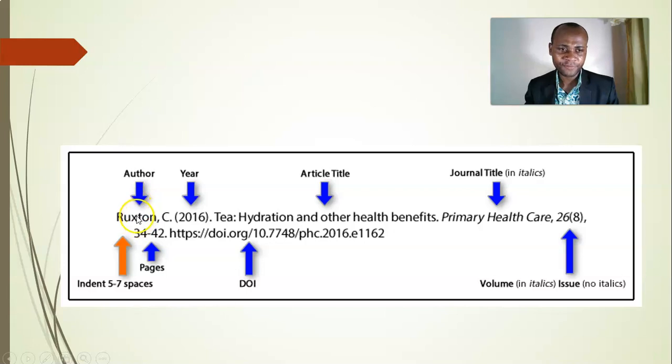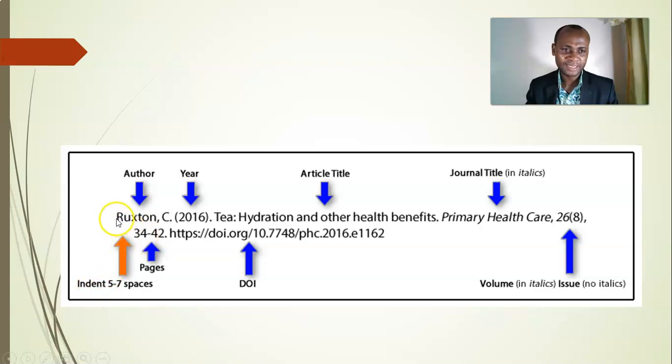So we have the author's last name or surname here, and this is the first name of the author, and then the year of publication. This is the title of the paper. This is the journal's name, Primary Healthcare. This is the volume, 26, and this is the issue number. And over here we have the indentation.